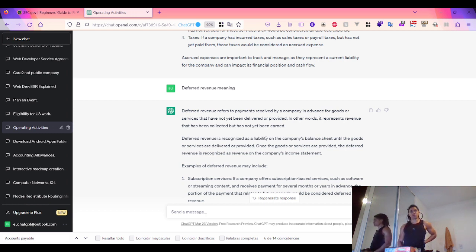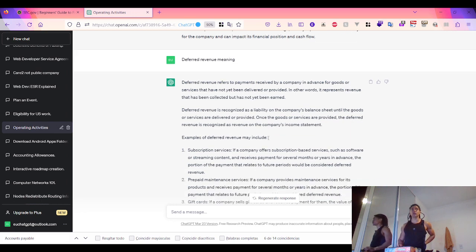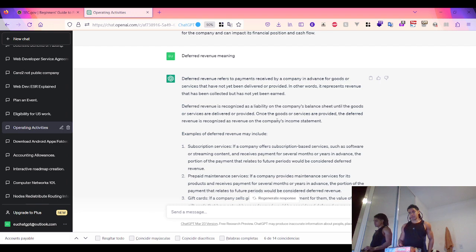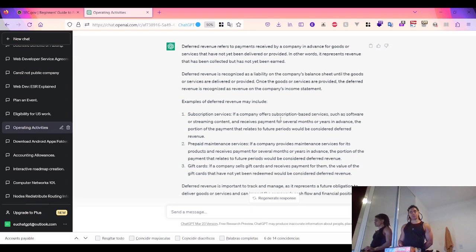For example, subscription services like Netflix, Spotify, you have to pay in advance for service that you're going to enjoy in the long run.